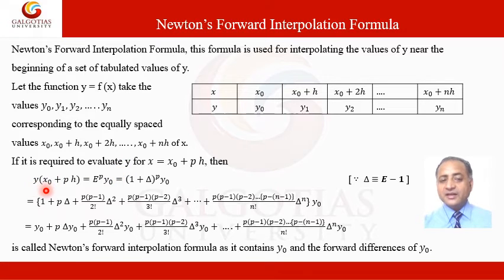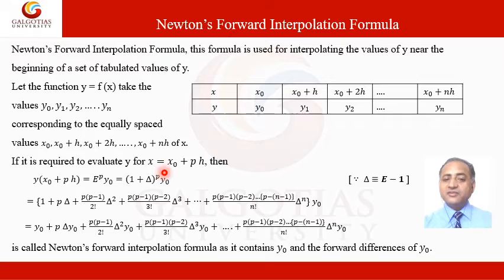That is, we can write y at x0 plus ph in terms of E raised to the power p y0. And there is a relation between the forward difference operator delta and the shift operator E. Delta is equivalent to E minus 1. So we can replace E with 1 plus delta.